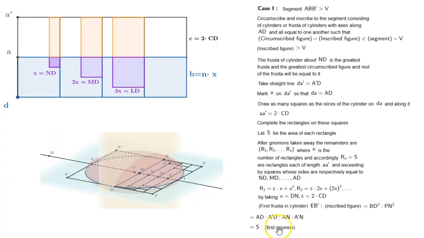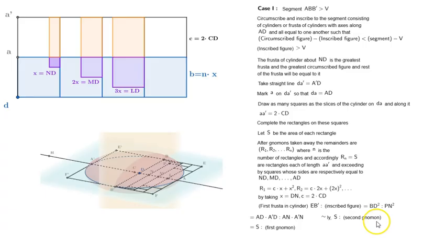So which means S is to the first gnomon. How? Because remember, the first gnomon is equal to AN times A prime N, and the entire rectangle is AD times A prime D, and that we have said let it be S. So S is to the first gnomon.